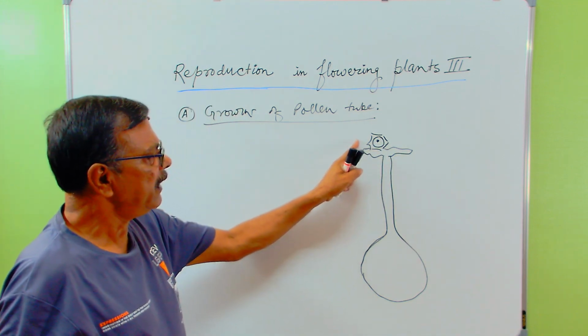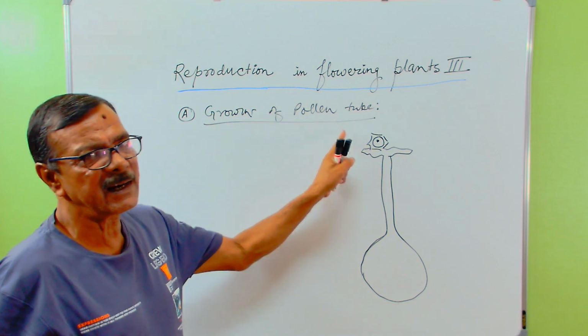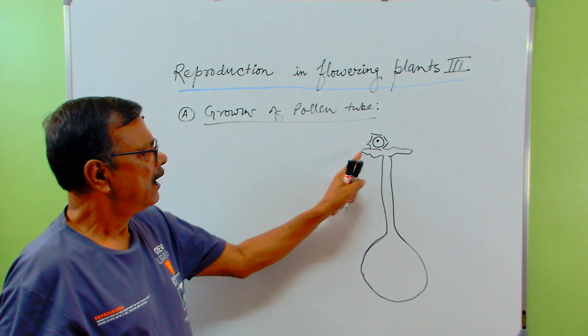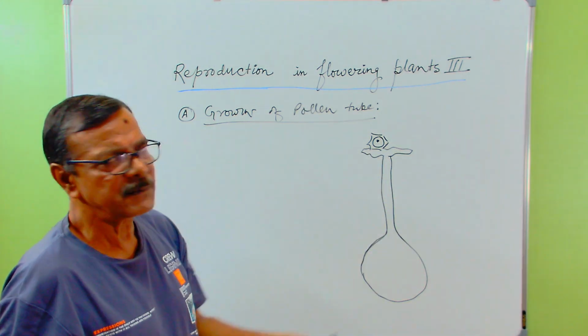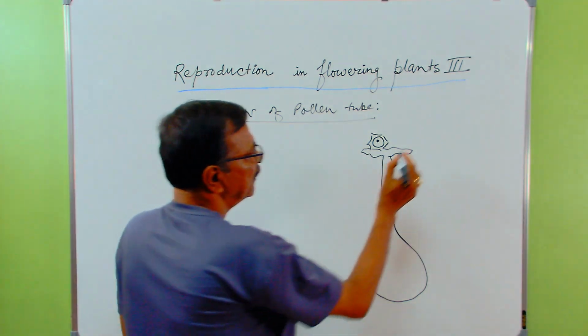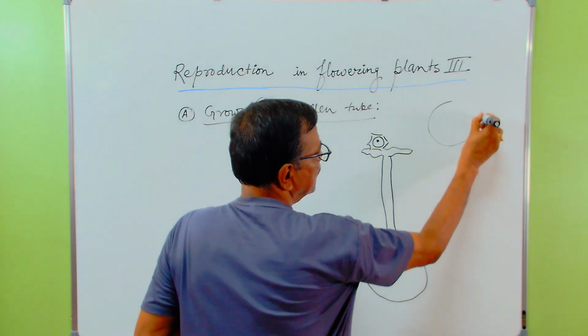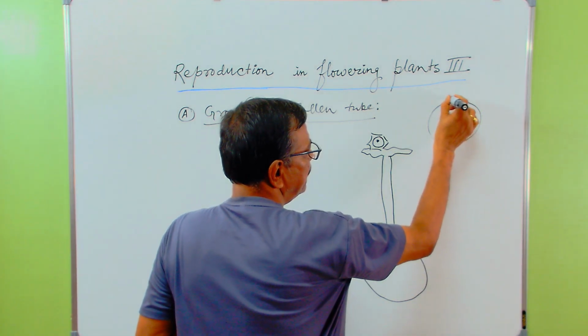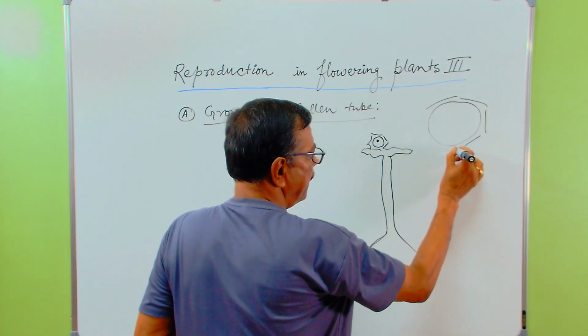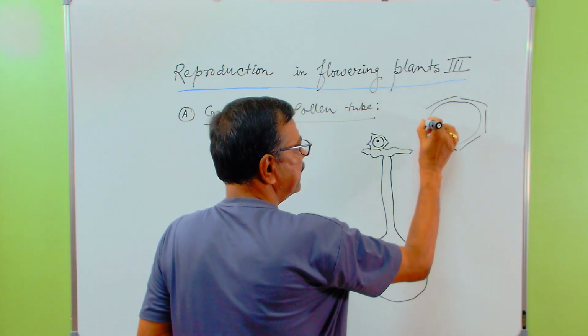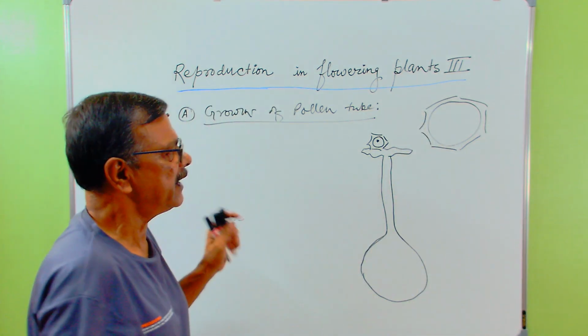So the pollen grain at the two-cell stage, we have said at the two-cell stage, it comes out from the anther. This is the pollen grain, and this is exine and intine.